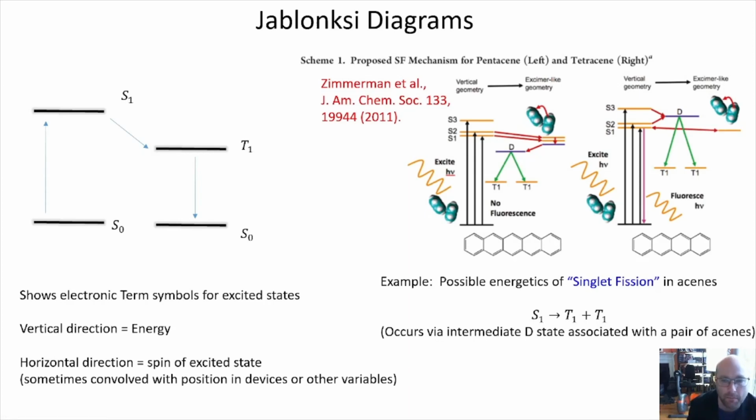Now here's just an example of some interesting photophysics you can talk about when you're using these Jablonski diagrams. So we show here, in the case of pentacene and tetracene, how this particular group is analyzing the possibility of what's called singlet fission. That's a situation where you absorb into singlet exciton states.